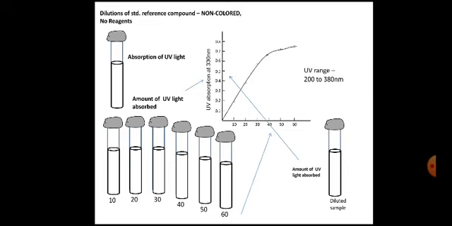This is the protocol: even if the product is non-colored, if it has the ability to absorb UV light, then spectrophotometric assays are possible. These assays are most accurate and very simple.